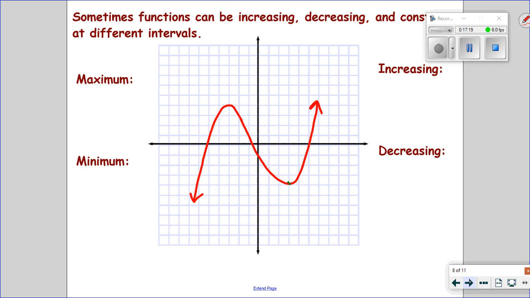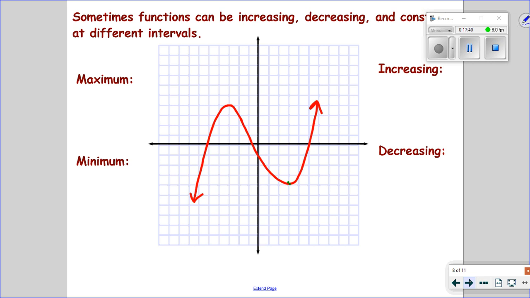Okay, so let's practice this a little bit. So let's say this is the graph of our function, and we want to identify the local or relative extrema, and then also the intervals of increase and decrease. Now, personally, I like to start with the relative extrema because those are the points where the graph changes from increasing to decreasing, or vice versa.